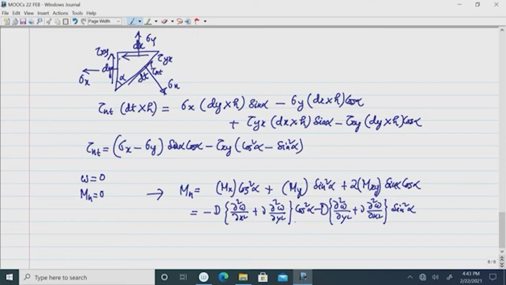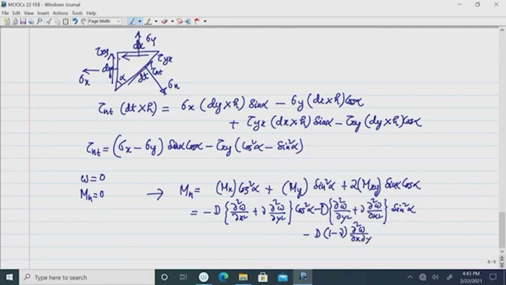The m x y expression we also know: that is minus d, then 1 minus nu, then del square w del x del y, these two will get cancelled.